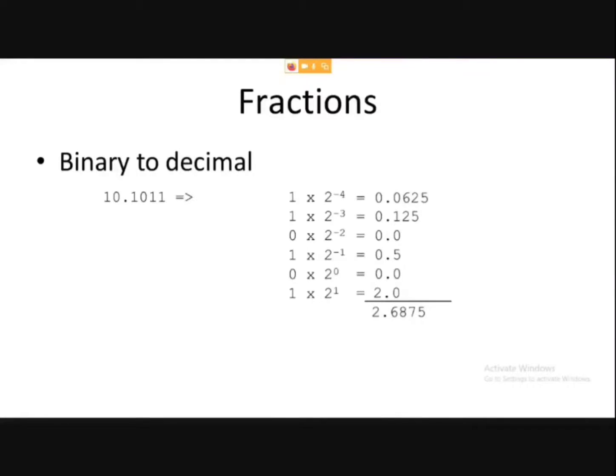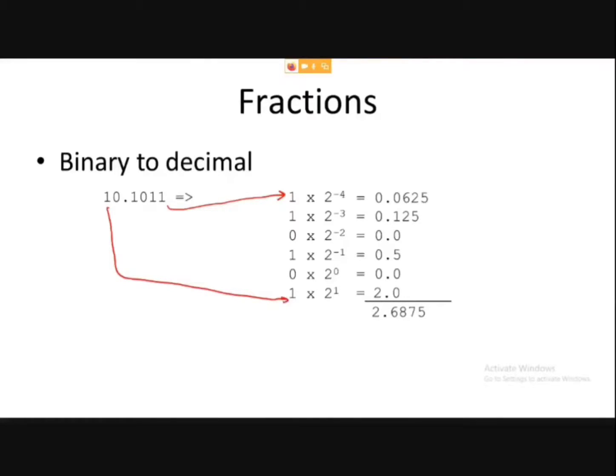So if 10.1011 is in binary and I want to convert this into a decimal, I can do it like this. This 1 here is at the 2 raised to power minus 4 position, and this one here is the MSB part, at the 2 raised to power 1 position.